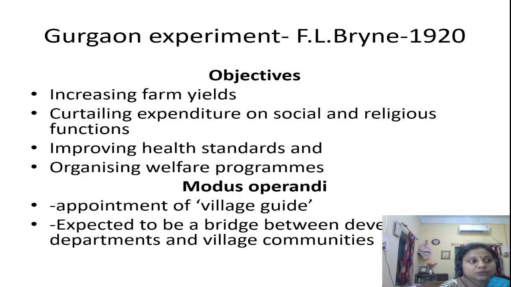The objectives of this program include: number one, increasing farm yields, which was the need of the day at that point. Then curtailing the expenditure on social and religious functions, improving health standards, and organizing welfare programs for the benefit of rural communities.